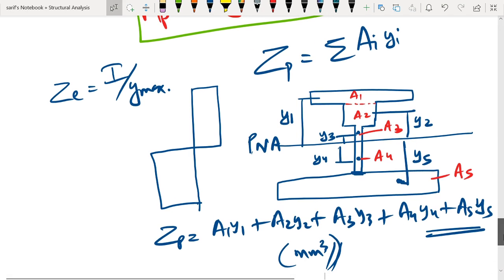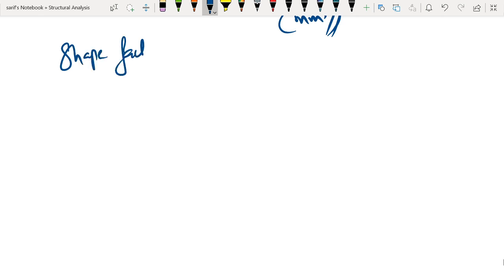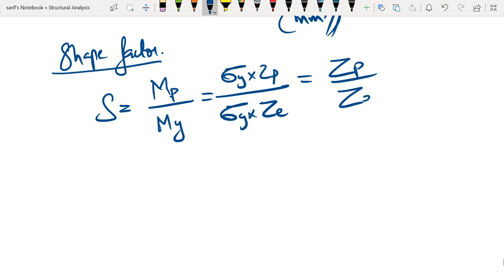Now let us also try to see another term which is known as the shape factor. Shape factor is considered as the ratio of the plastic moment capacity to the yield moment capacity. Plastic moment capacity is sigma y into Zp, divided by yield moment capacity, which is sigma y into Ze, and sigma y cancels, so we can write this as Zp divided by Ze.